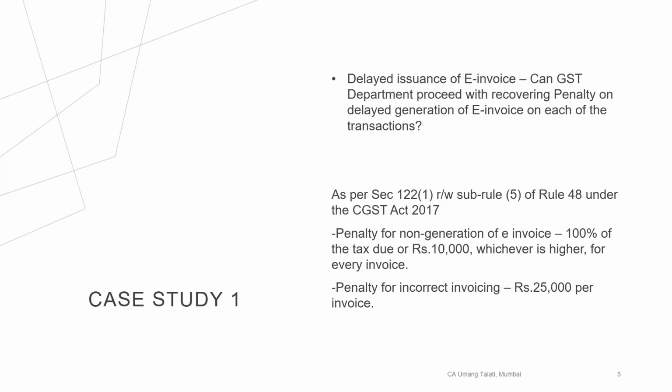Suppose I generate IRN on 5th of October for all the invoices from April to September. So I have generated all the IRNs now, and as per subclause 5, now they are not invalid invoices. So whether 122 subclause 1 will be applicable then, because now all the conditions are met. Okay, go ahead.